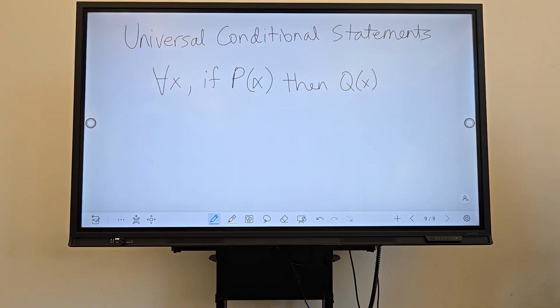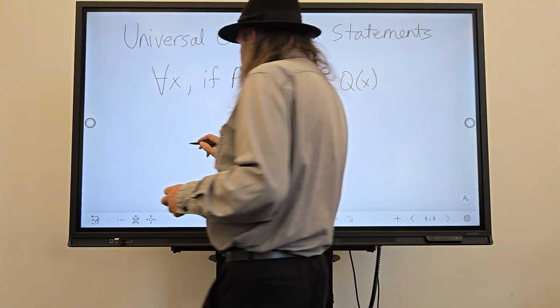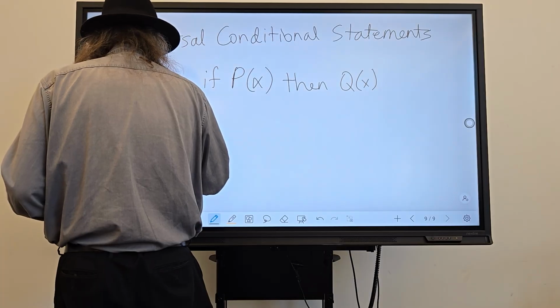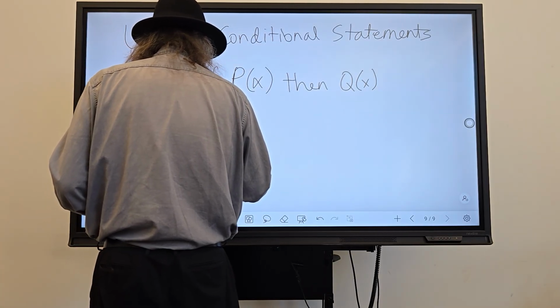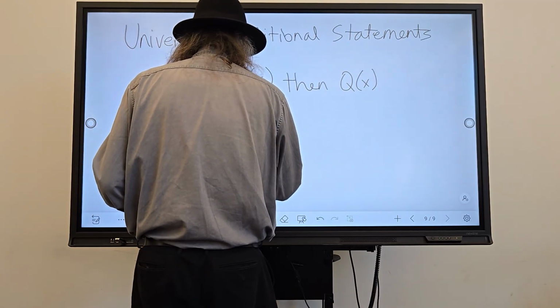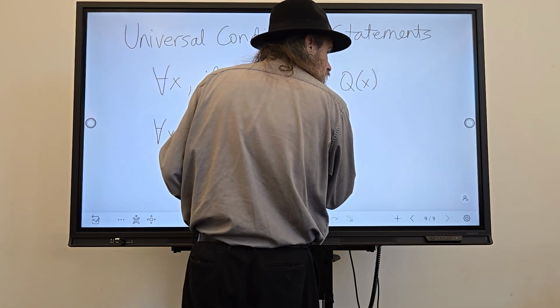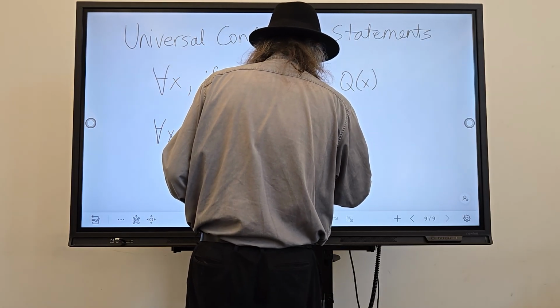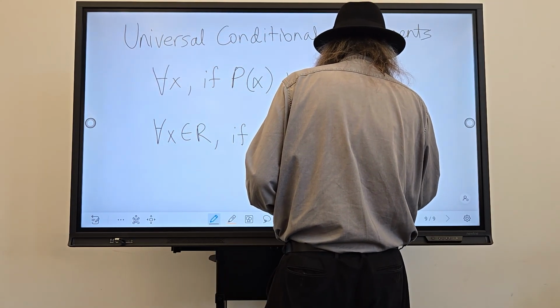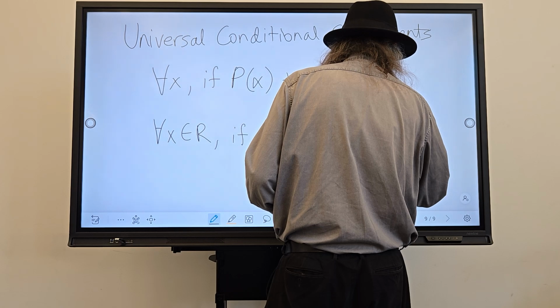All right, so for example, for all x element of R, if x is greater than 2, then x squared is greater than 4.